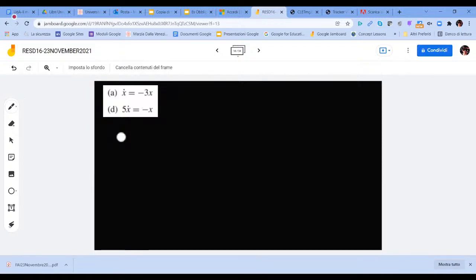Okay, so this is a very simple computation of an integral of a differential equation because we don't have the term b.